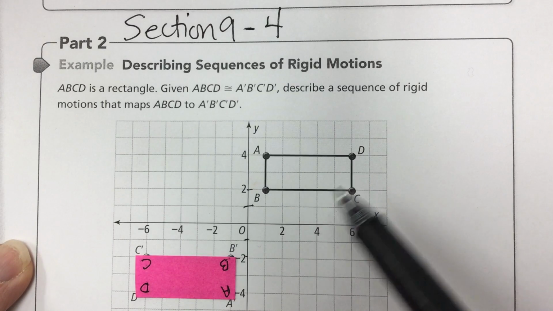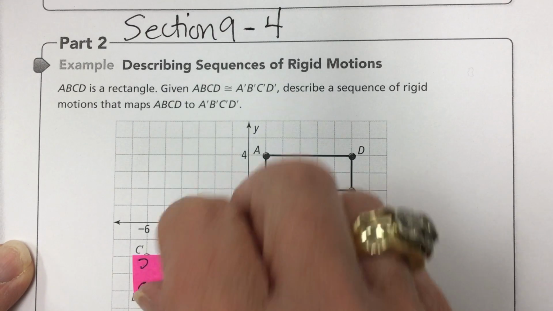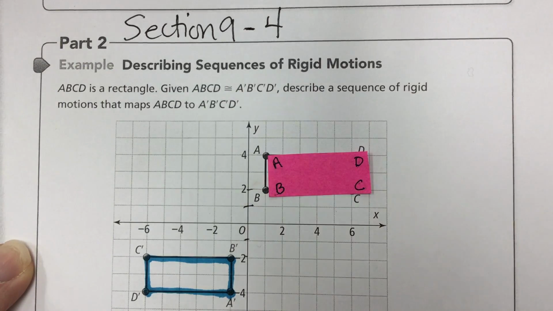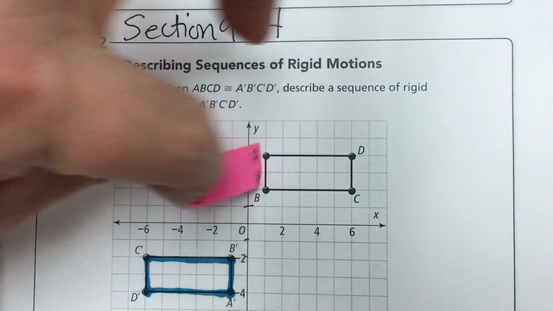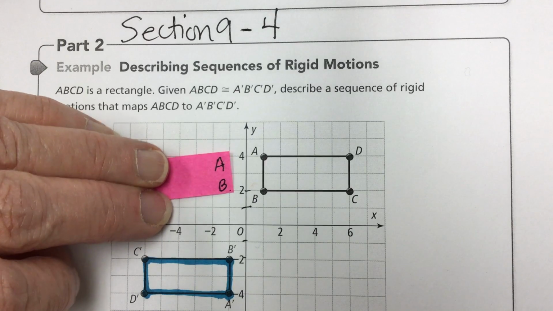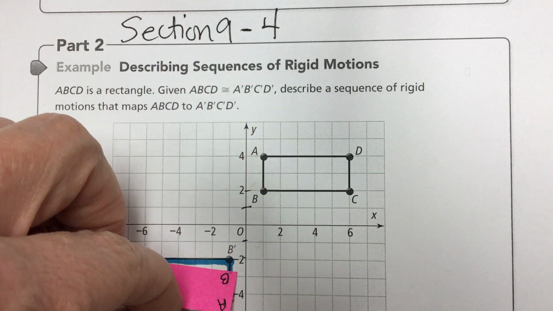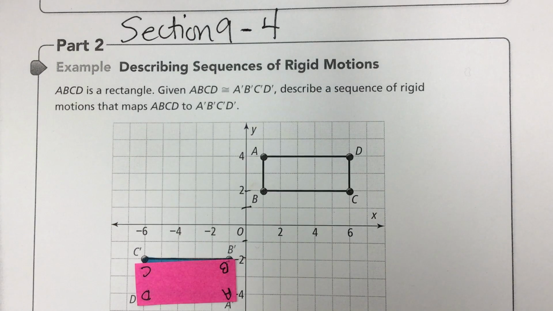So you see I have flipped this rectangle. I first looked at the original, I reflected it over the y-axis, then I took my rectangle and reflected it over the x-axis, okay?